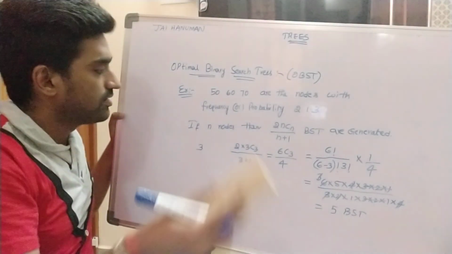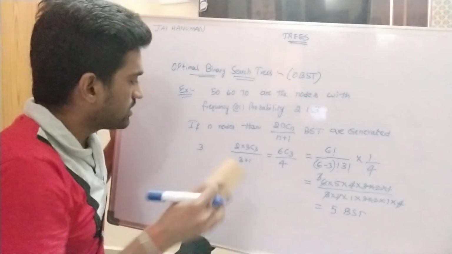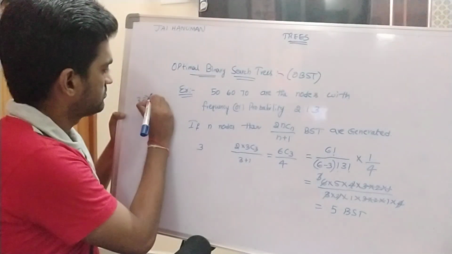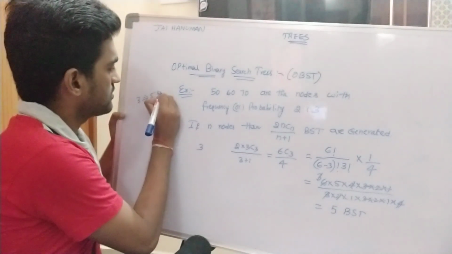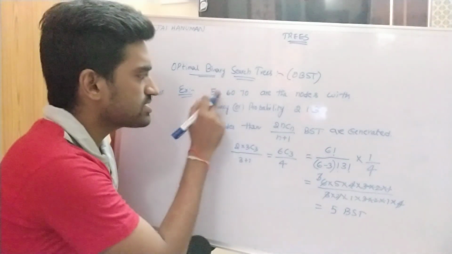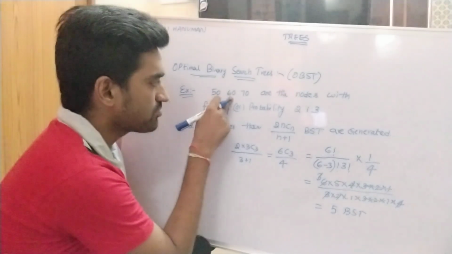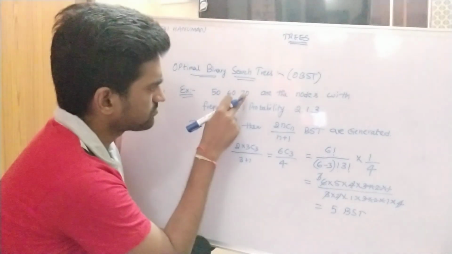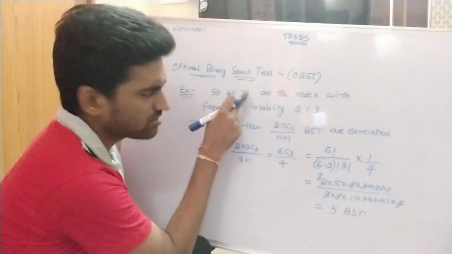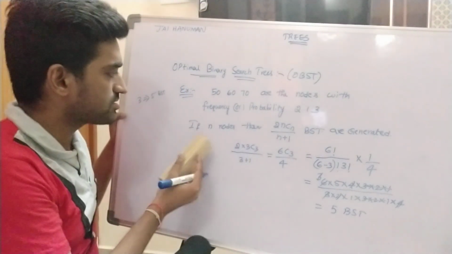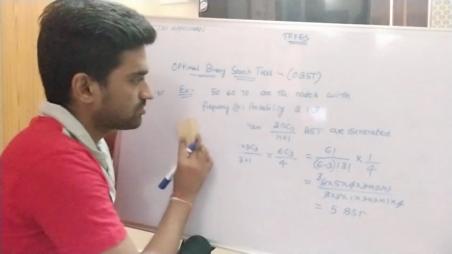So here the total number of nodes is 3, and 5 possible BSTs are generated, right? For these elements, in some cases we can consider the root as 50, in some cases as 60, in some cases as 70, fine. So here I am generating binary search trees for these nodes.